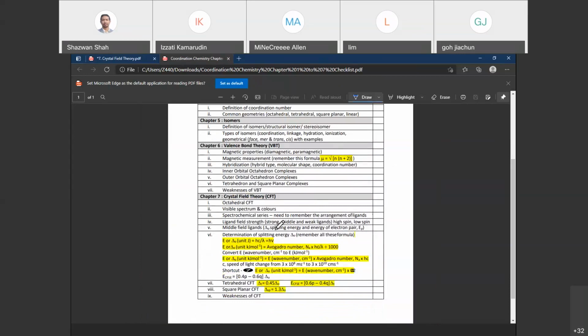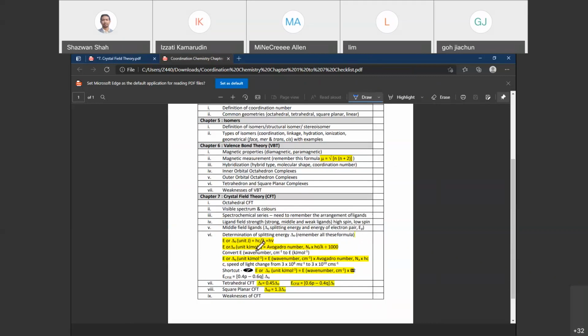By now you should be able to identify which ligand is a strong ligand, which is a middle field ligand, and which are weak ligands. You should already know the ligand field strength. And the middle field ligand depends on the metal, its high oxidation state, and also on the splitting energy and the pairing energy.